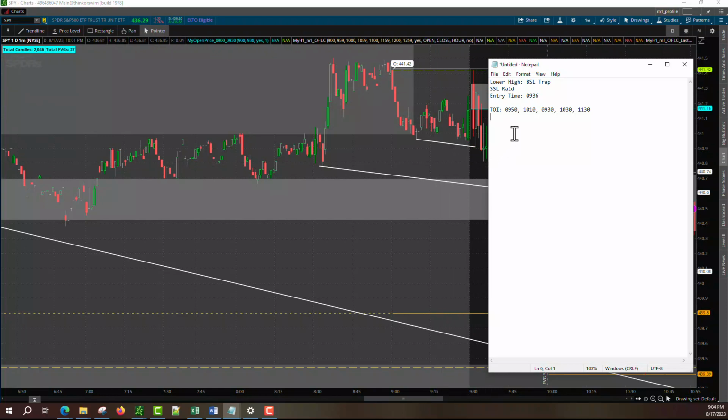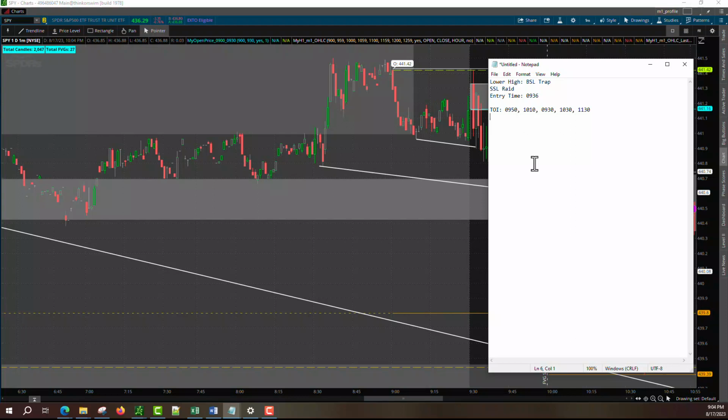So now look back at this. We did everything right. We have a sell-side liquidity raid, and before that we have a bunch of liquidity traps, right? Then now what lesson do we learn?